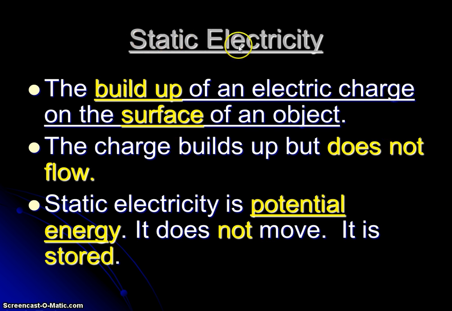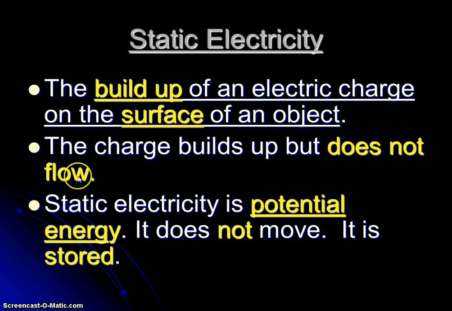Now, static electricity. This is the buildup or collection of an electric charge on the surface of an object. So, speaking of electricity, it is either the flow or the collection of electric charges. So here we have that collection, that buildup of electric charges on the surface of an object.